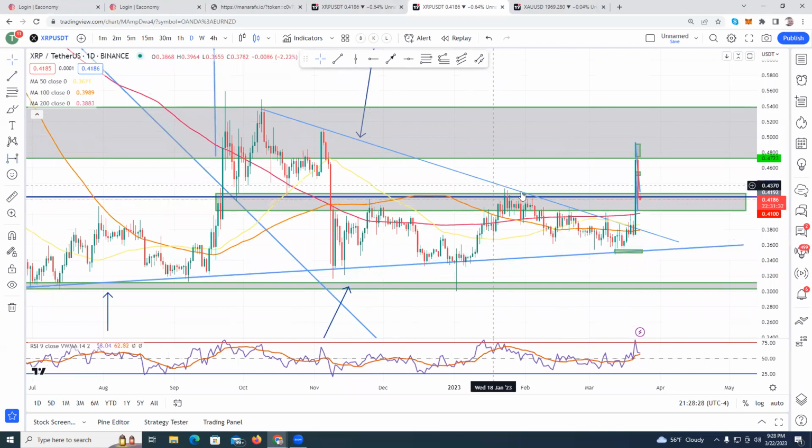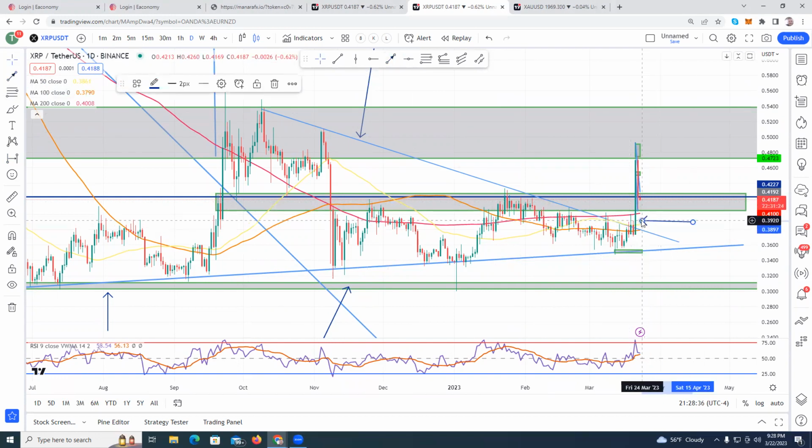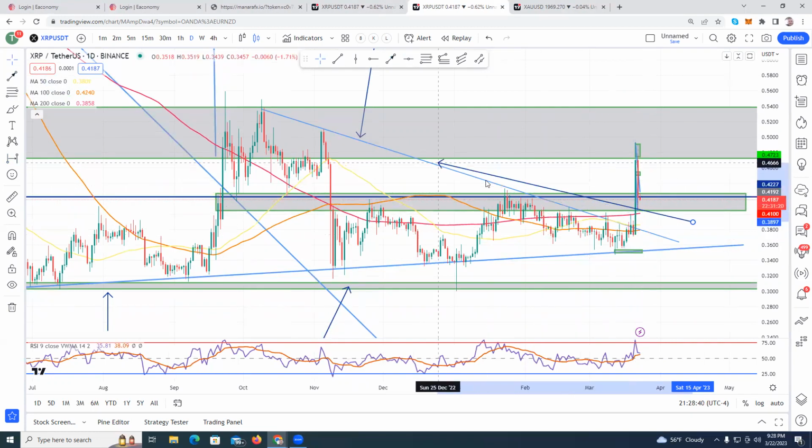And price action was creating lower highs all the way until this area over here, where we see this massive bullish engulfing candle breaking through this trend resistance, and breaking through this structure resistance, right?